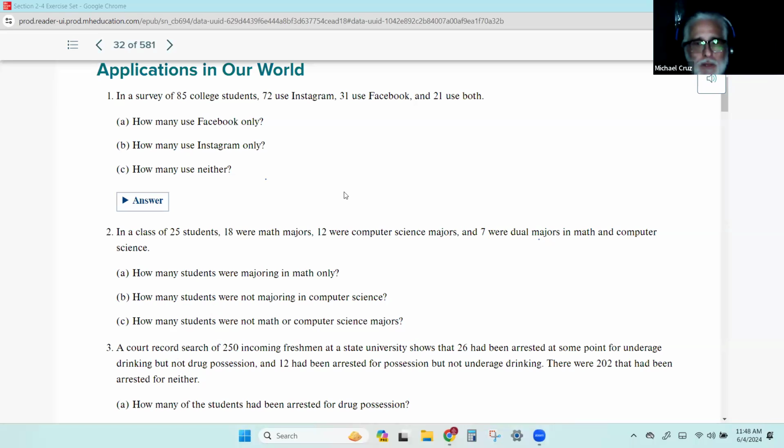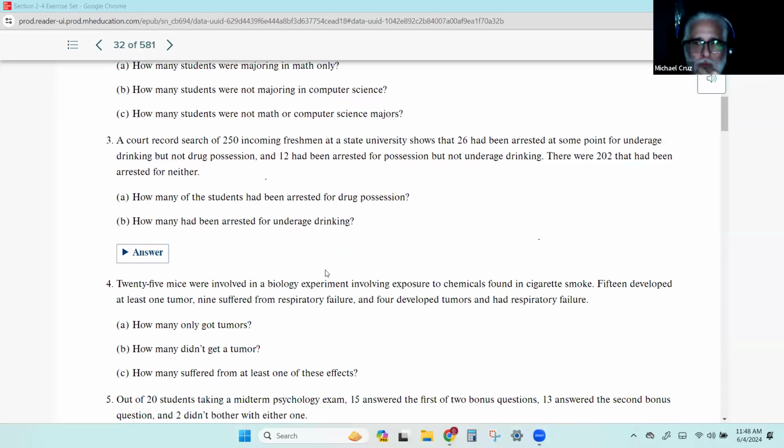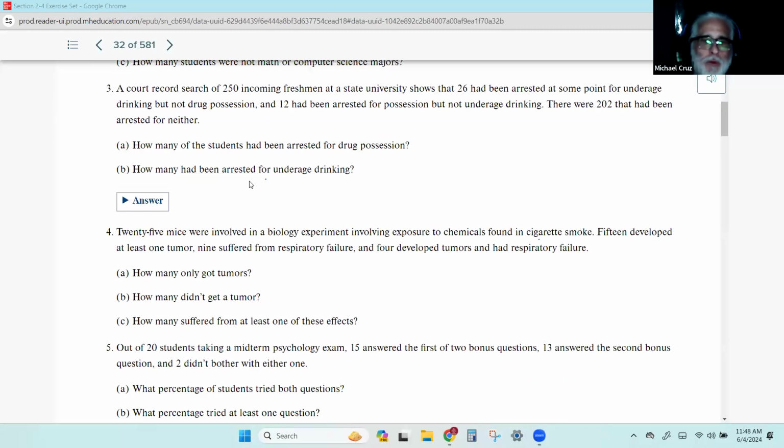Okay, so we looked at these two concerning the use of Instagram, Facebook, and both. We actually did one of these. Let's see if we can find another one to do. All right, let's draw out a little shaded thing. It always helps, I mean, a Venn diagram that we can shade ourselves.